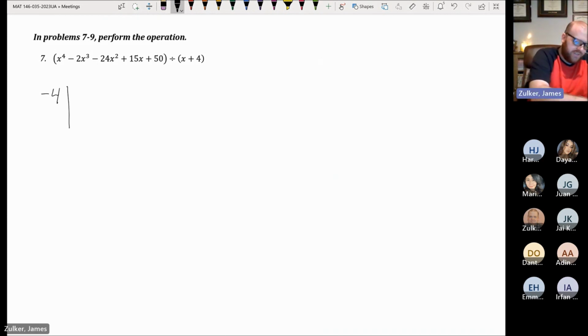And then our coefficients. 1, -2, -24, 15, and 50.